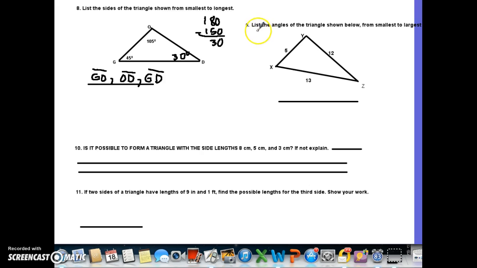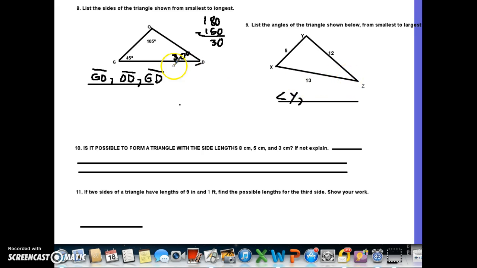Conversely, or similarly, if we want to find the angles of the triangle shown below from smallest to largest, we will look for the shortest side. The shortest side is this one, so the smallest angle is going to be opposite to that one. That's going to be angle Y. What would be the middle-sized angle?